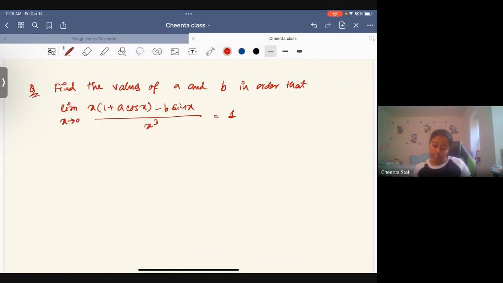So yeah, we need to find the values of a and b in order to get this limit, as x tends to 0, equal to 1. How can we do it?